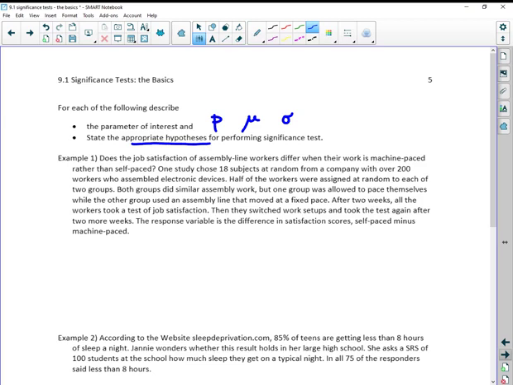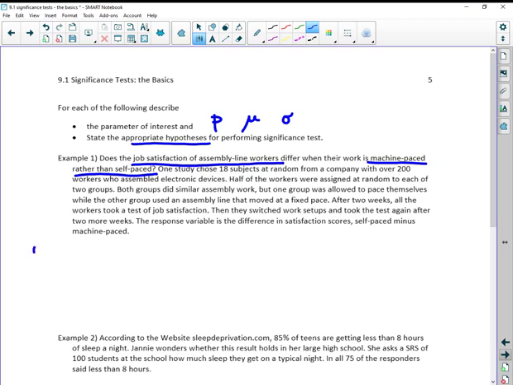So here we have this job satisfaction assembly line workers, and they're wondering if there's a difference between being machine-paced rather than self-paced. And they're going to be looking at each individual and comparing each individual's job satisfaction for each of these types of work. See which one they prefer.